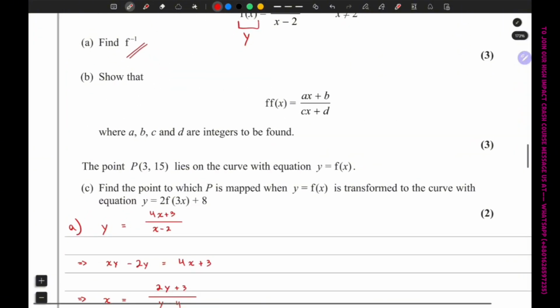Now moving on to the third part, the point P (3, 15) lies on the curve with equation y equals f(x). Find the point to which P is mapped when f(x) is transformed to the curve with equation y equals 2f(3x) plus 8.